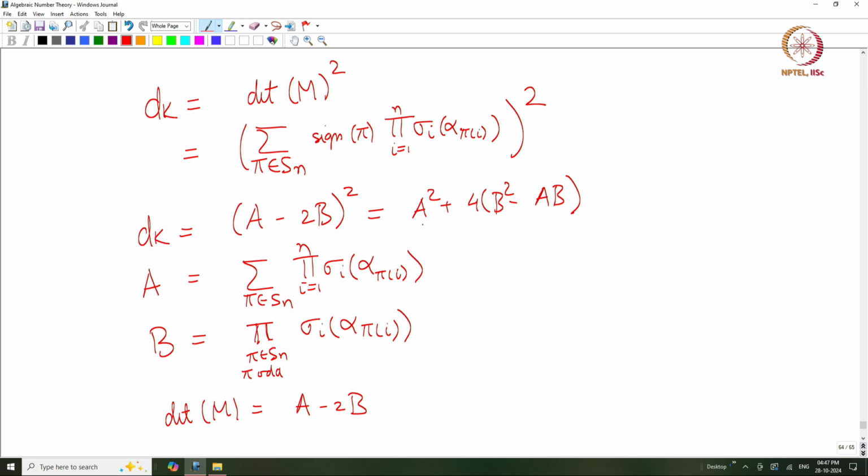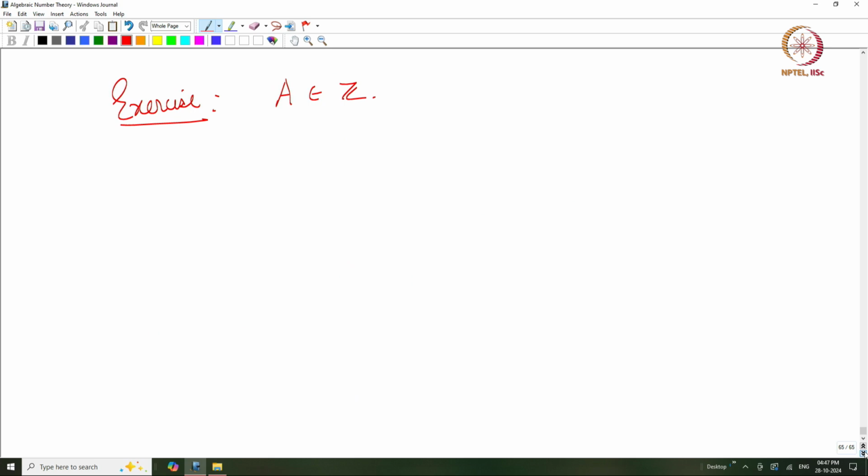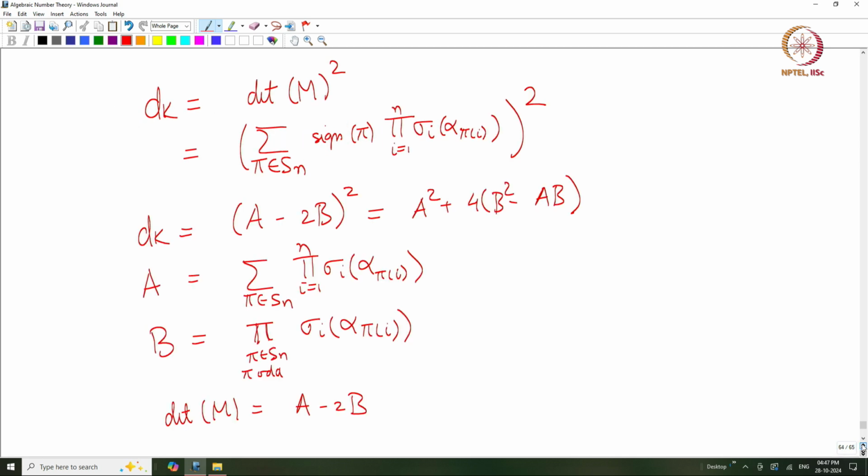Now, a is in Z and dk is in Z. So, 4b squared minus 4ab, this is also in Z, and I can forget about this. So, this is a priori a rational number. So, for b squared minus ab, you cannot use the Galois invariant argument. The argument that you have to use is that b squared minus ab is dk minus a squared divided by 4.